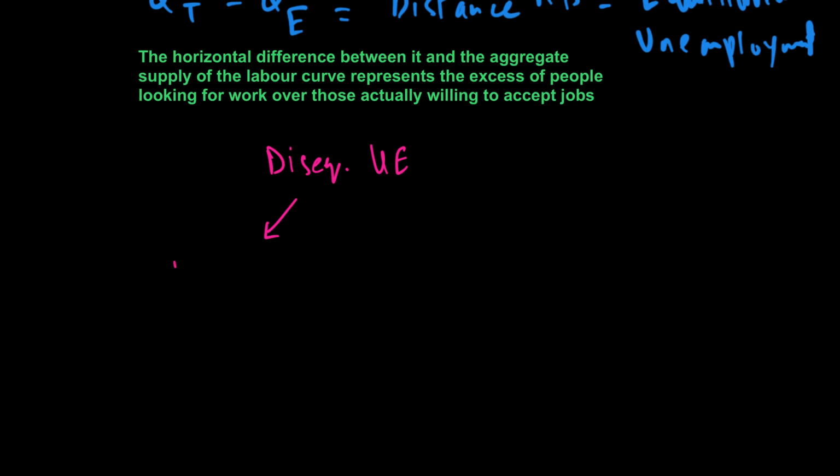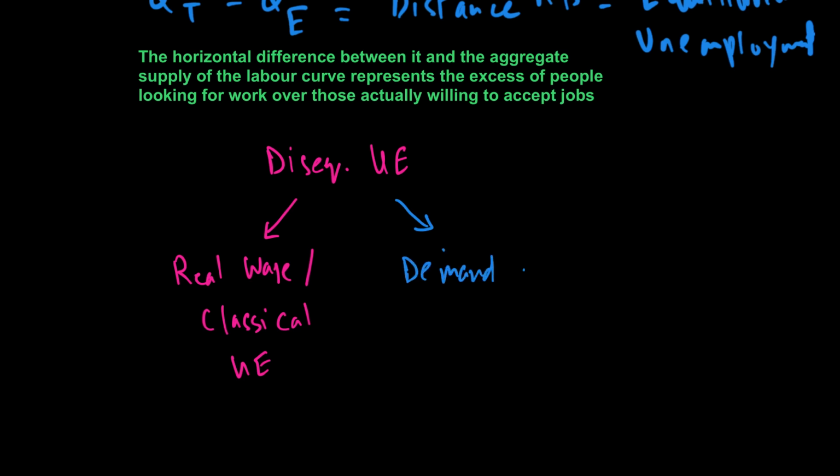The first one is what we call real wage or classical unemployment, which is the view of the classical school of thought, and the other one is what we call the Keynesian view, which is demand deficient, or cyclical unemployment.